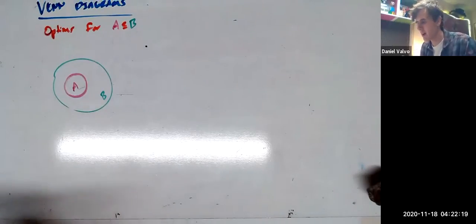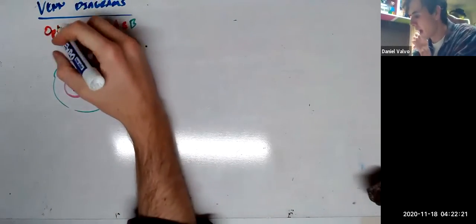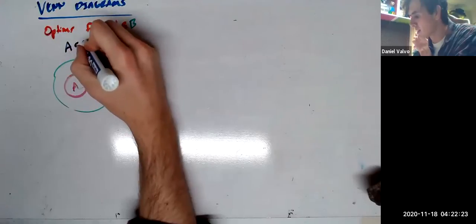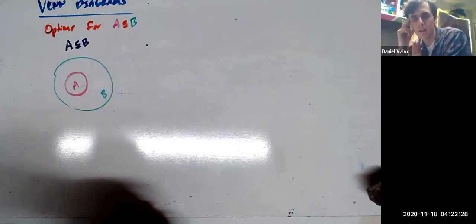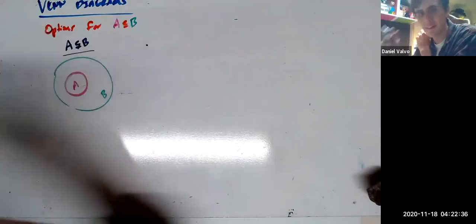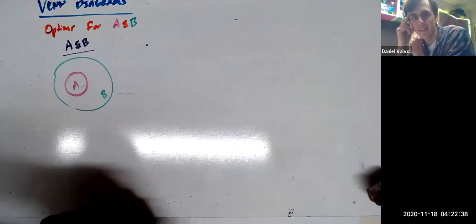And so this right here, this is the option where A is what kind of subset of B? Any guesses?